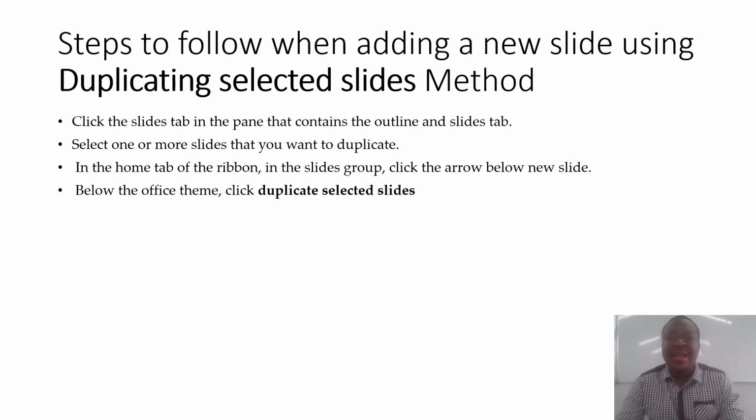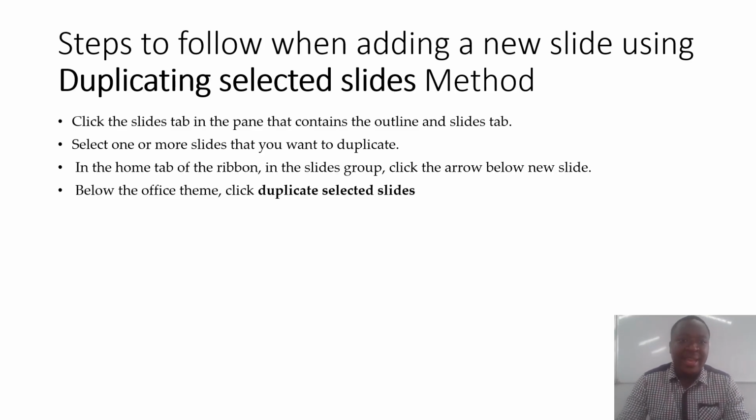Steps to follow when adding a new slide using the duplicating selected slides method. Mind you, duplicating is more or less like copying something exact as it is. So the first step is to click the slides tab in the pane that contains the outline and slides tabs.